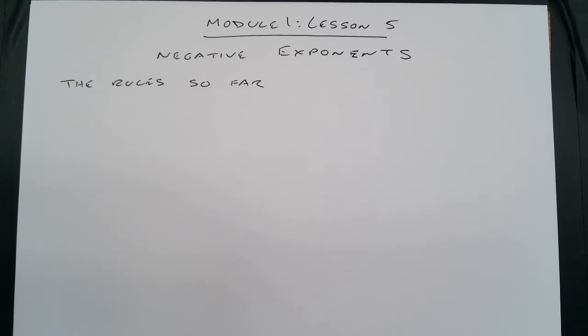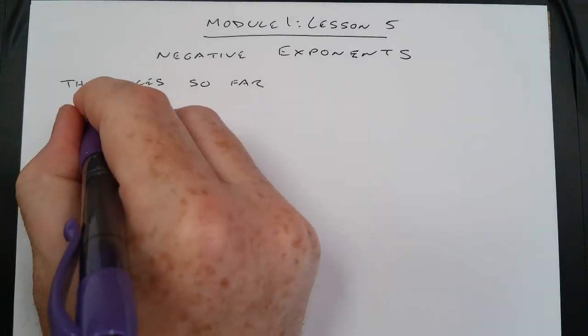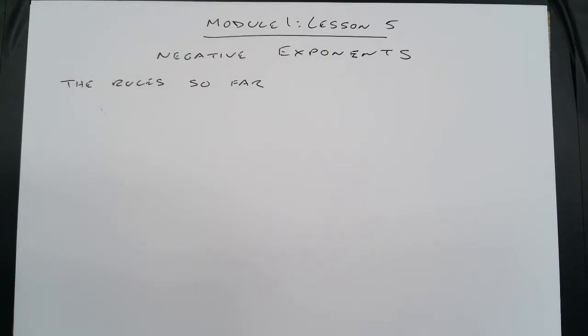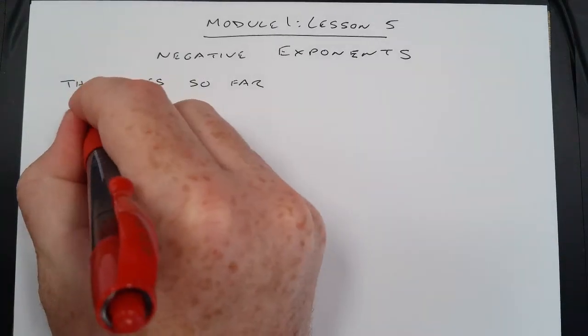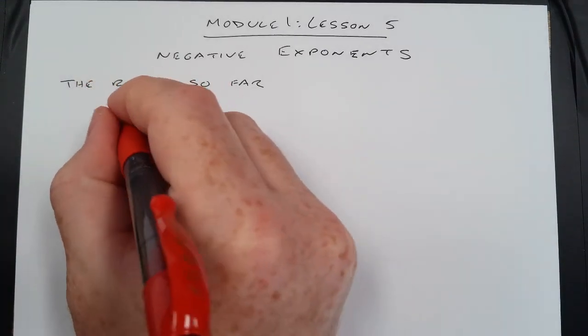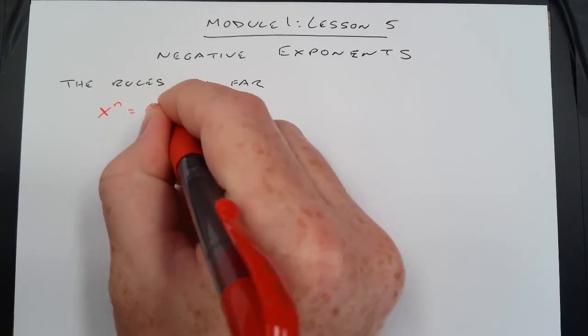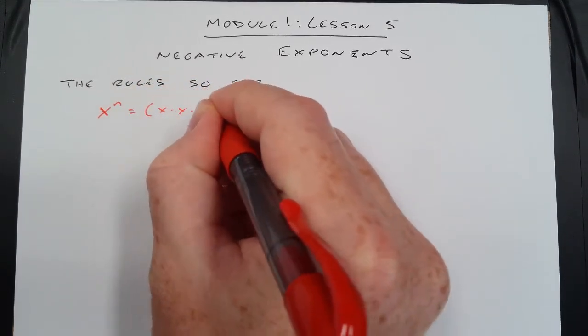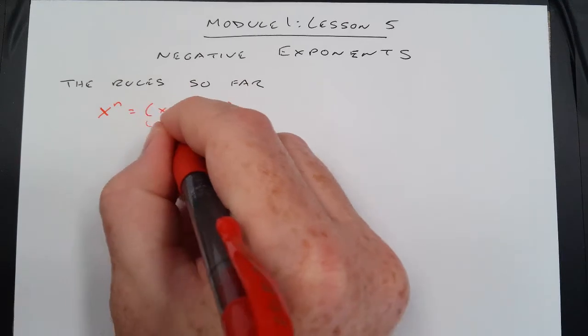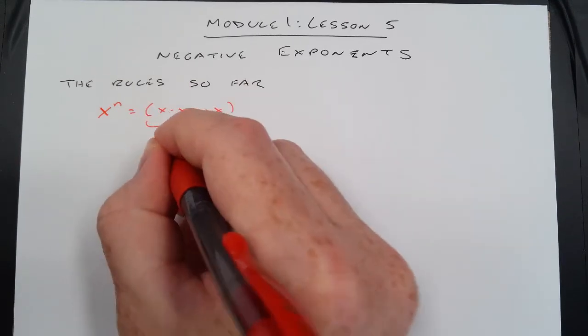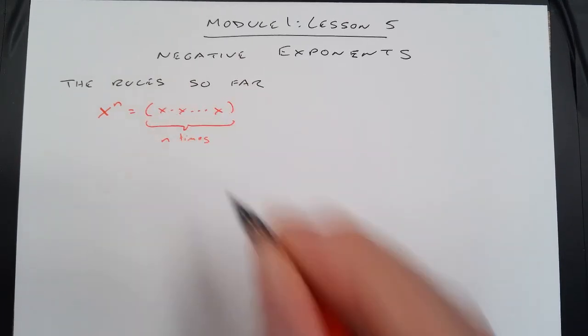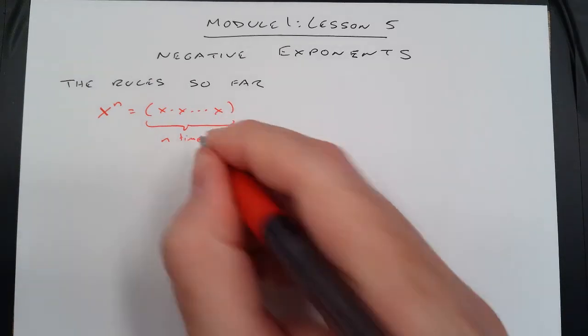The first thing we talked about was exponential notation, which is like x to the n, where x gets multiplied by itself, not multiplied by n. The n is how many times x is multiplied by itself.